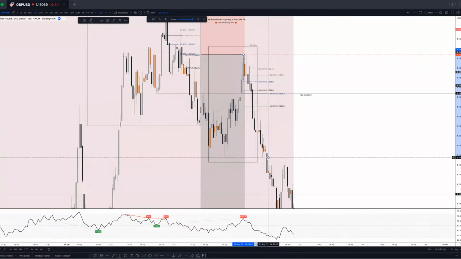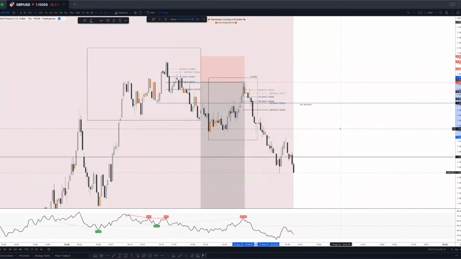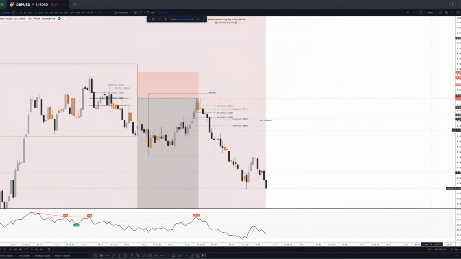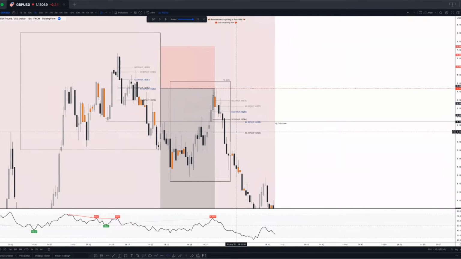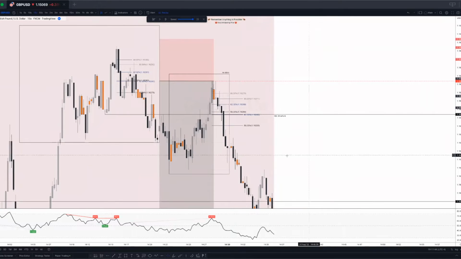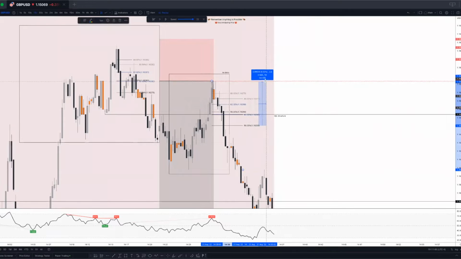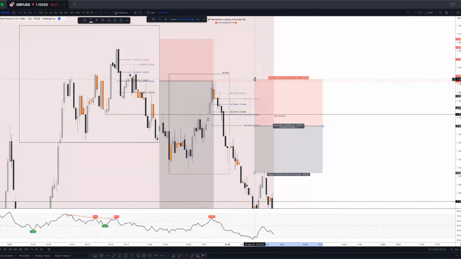That's the only confluence that I have. So we are break even here. If I take it on 50, I'll be able to stop. It's only 2.7. Stop. Take it on 50.